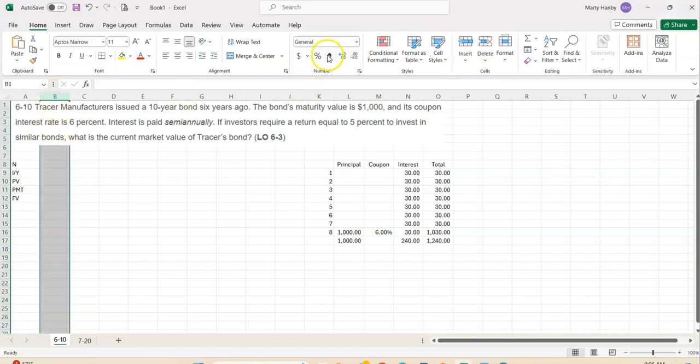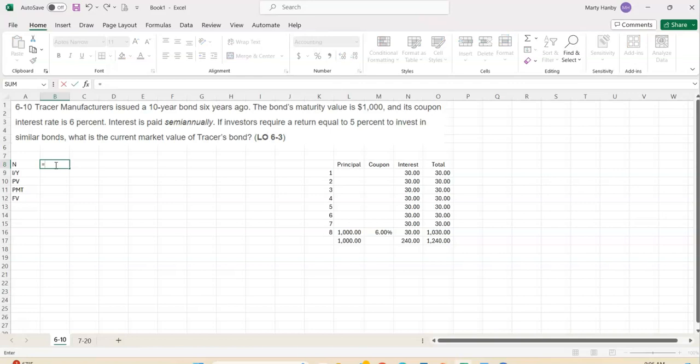So to calculate, let me format this. I'll use the coupon, and then I'll format IY as a percent. Equals 4 years, and then semi-annual, so times 2. Then I'll make it percent with 2 decimal places.